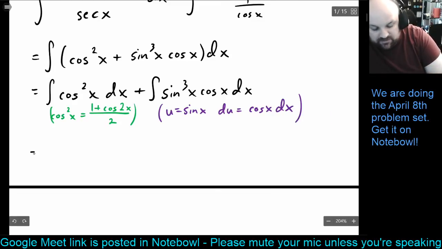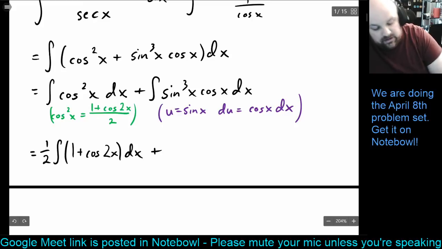So now this first integral turns into the integral of, let's be a little cheeky with it, this over 2, I'm going to factor that out as a 1/2, times 1 plus cosine 2x, dx.